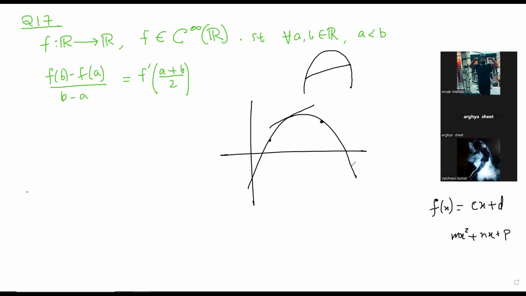So the reason is to rotate it, right? Because you know that if you take a and b such that f(b) is equal to f(a), then it's right at a plus b by 2 where the slope is 0, because the maximum or minimum is attained at alpha plus beta by 2. Then if you rotate, geometrically it remains the same.